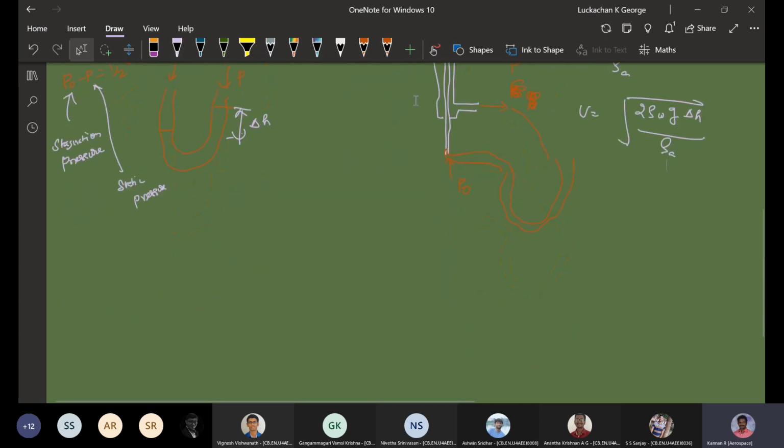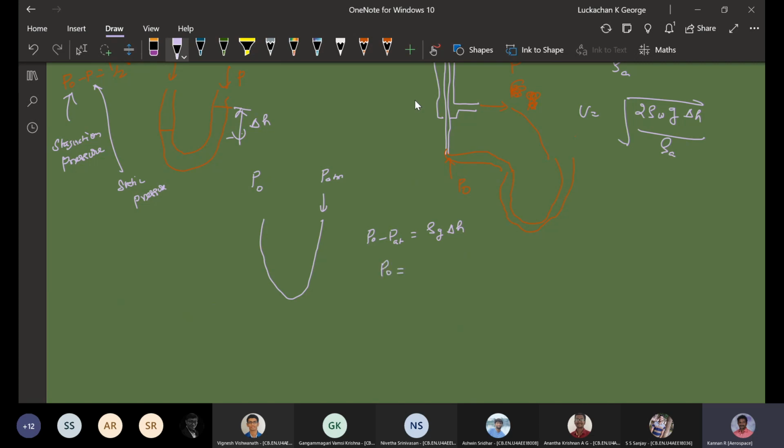Okay, and another way is, you can take your U-tube manometer. One end you can open to atmosphere. The other end you open to your P atmosphere. So this is going to be your P naught. P naught minus P atmosphere is going to be rho G delta H, of whatever the manometric liquid.